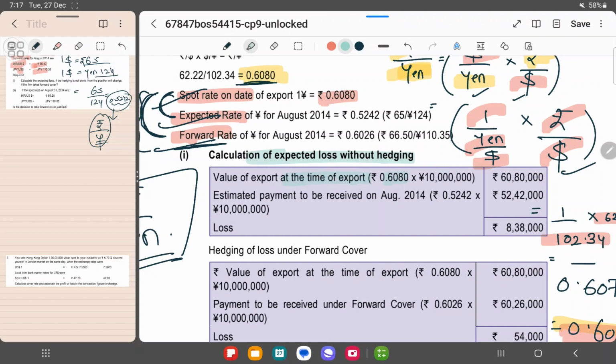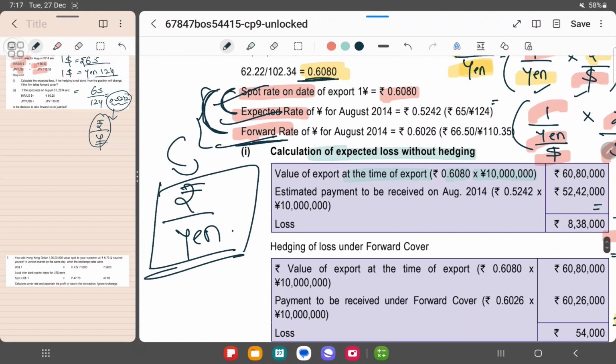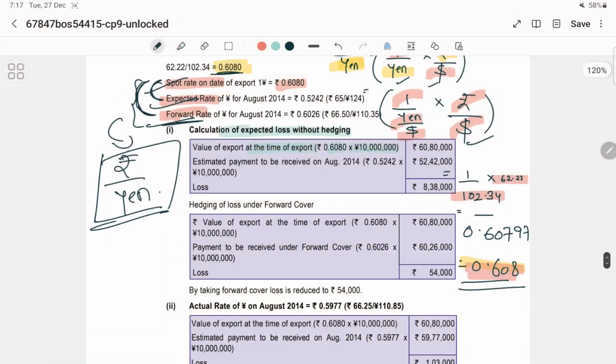See this, multiplied by the exposure yen. Why are we multiplying? Because the quote that we have right now is the yen direct quote. Yen is in the denominator, direct yen quote, and the exposure that we have is also yen. See, 10 million yen. Okay, hence we multiply.